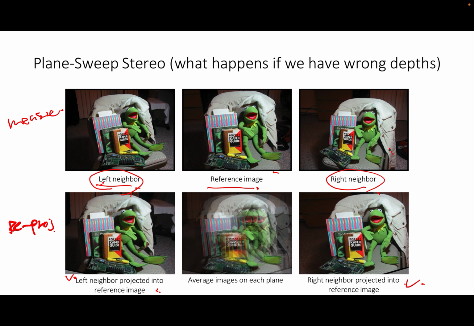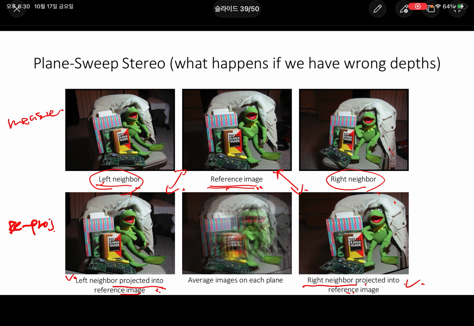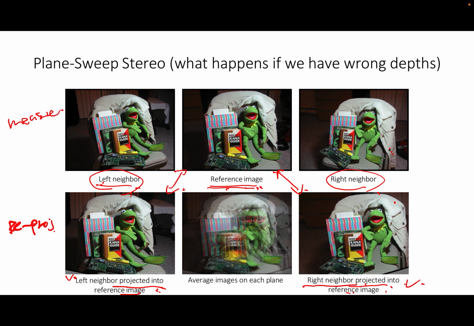But ideally, the reference image and the left neighbor projected into the reference image, or the reference image and the right neighbor projected into the reference image, should be almost the same. But unfortunately, you can see a clear difference. There is a space, but there is no space.